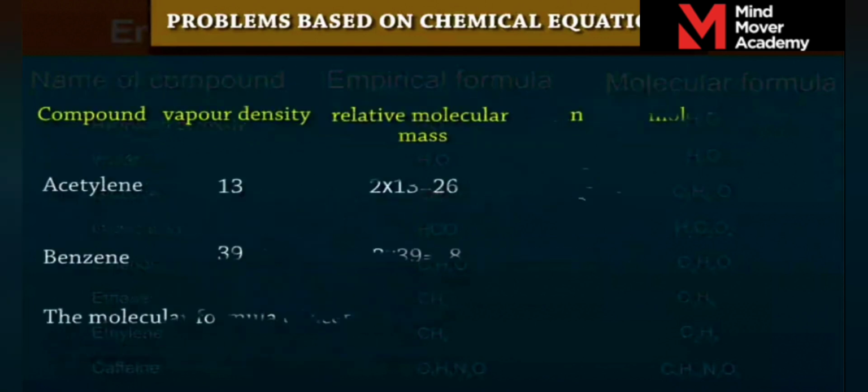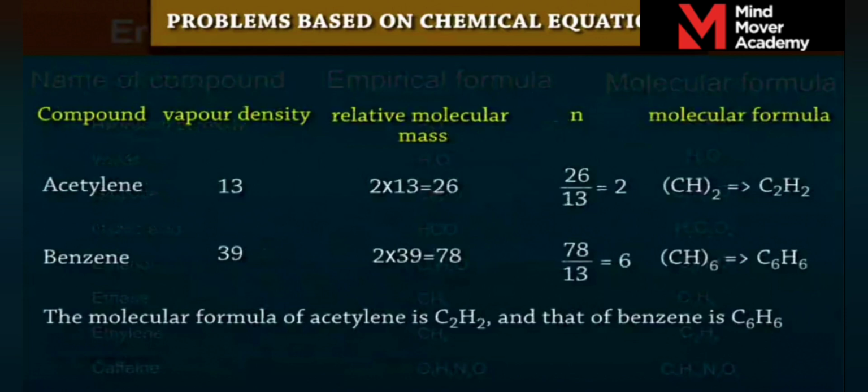Let's make a table here. Columns in the table are compound, vapor density, relative molecular mass, and molecular formula. Let us first take acetylene. Vapor density is 13. Relative molecular mass will be twice the vapor density, that is 2 times 13 is equal to 26. N is equal to 26 by 13, which is equal to 2. Molecular formula will be CH whole twice, that is C2H2.